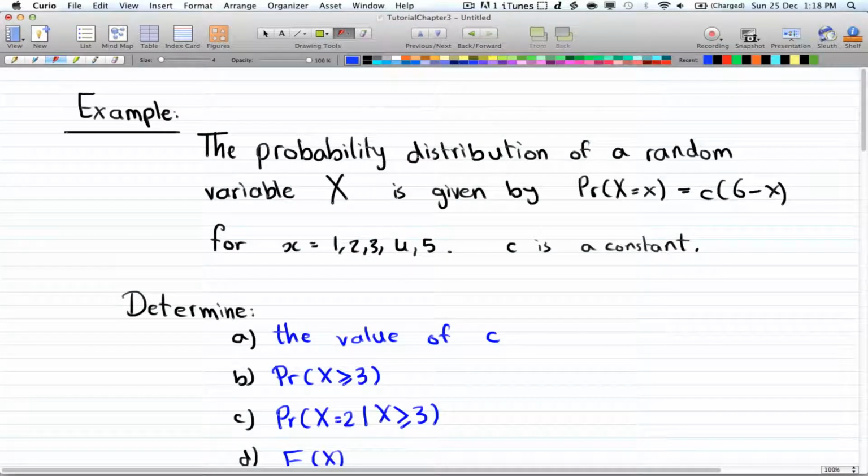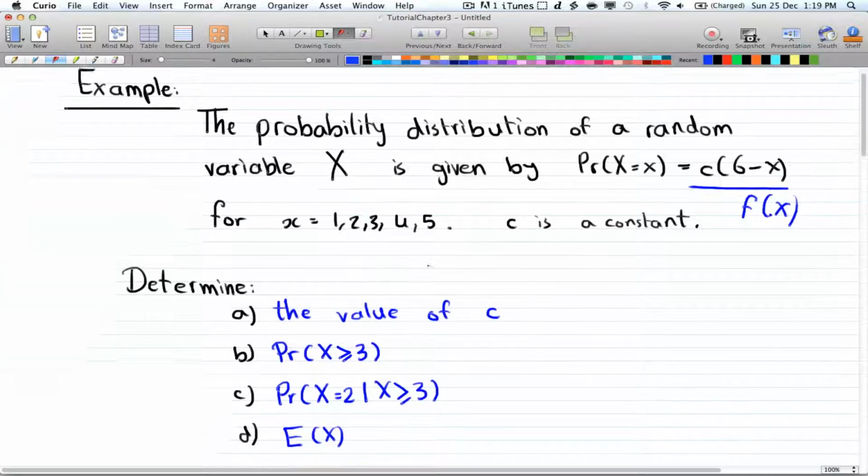So here the probability distribution of a random variable x is given by the probability of x equals x, so here's your f of x, equal to c times 6 minus x, for x equals 1, 2, 3, 4, 5, where c is a constant. The first question is to determine the value of c.